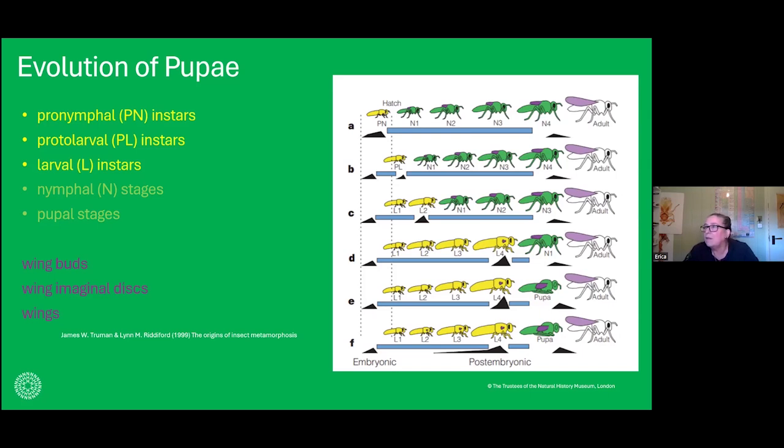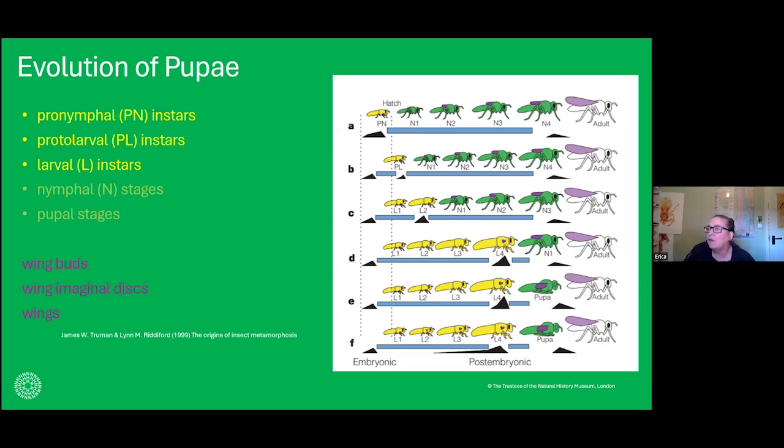So this is a paper that I've grabbed a figure from. It's a really good paper, Truman and Riddiford, published in 1999. And it is one that discusses one of the many theories, because obviously there are many, on insect metamorphosis. And we start from the most primitive form, so A at the top, to basically our flies, F, there we go, at the bottom.